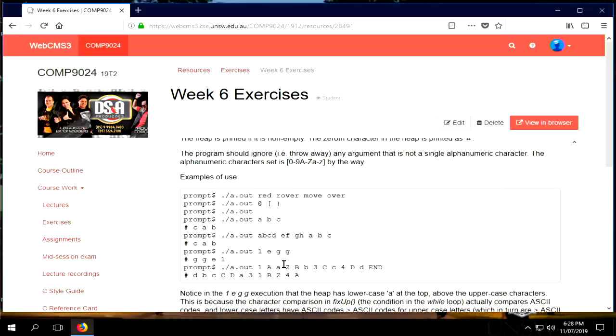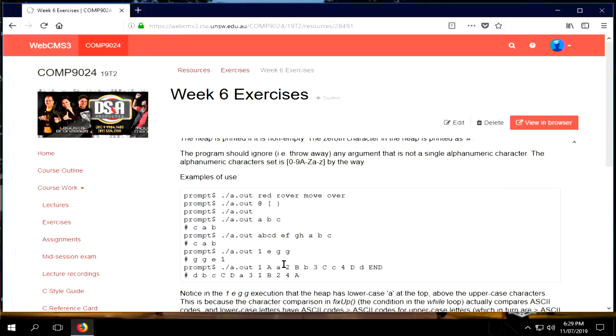So, red rover, move over. It's ridiculous. They've got to be single characters. So you see the ampersand, rubbish. No input argument, rubbish. Do nothing, just do nothing. ABC, fine. Convert ABC into a heap, CAB. The C is the third character entered, A and B are okay.